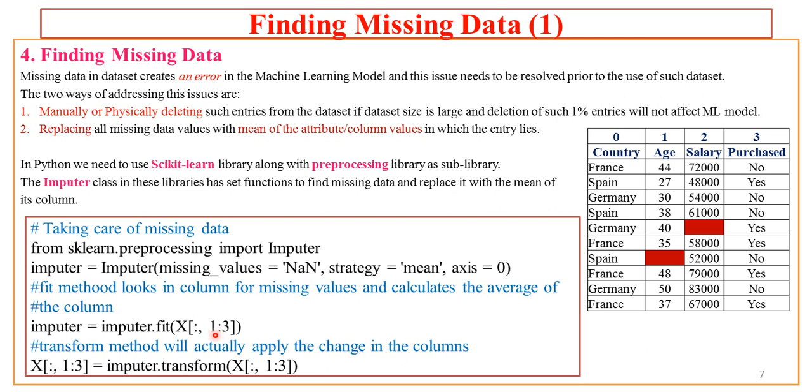I want to start with index 1, and the 3 means up to the next two, so it will be 1 and 2, because you know the end part is exclusive in the column. That means start with index 1 and end with less than 3, that is 2. So here 1 and 2 will be used.